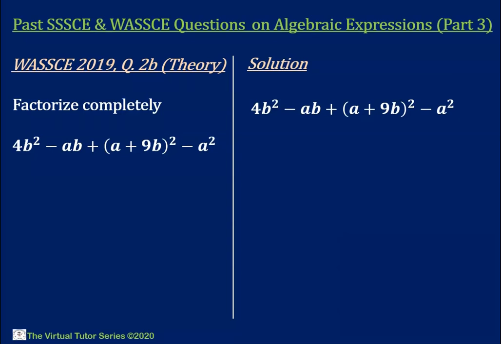Let's repeat 4b squared minus ab here. (a plus 9b) all squared is a perfect square and can be expanded into a squared plus 18ab plus 81b squared, then minus a squared.